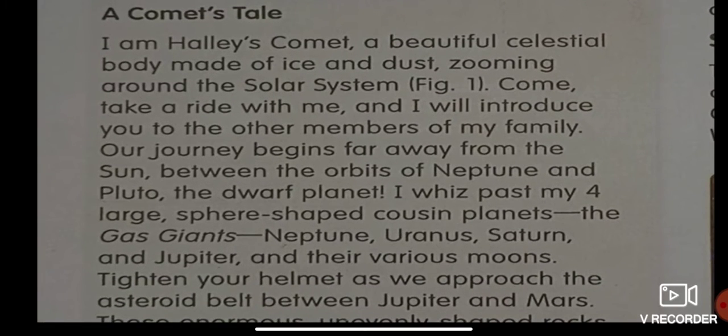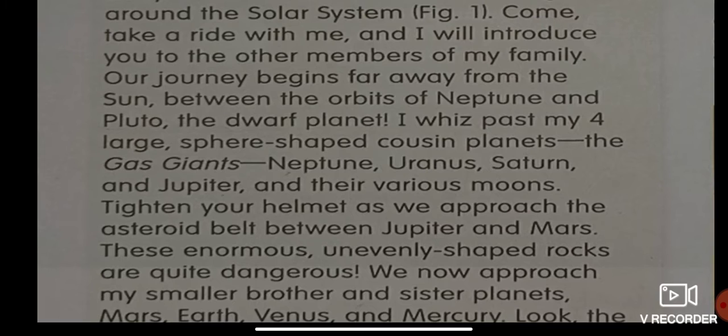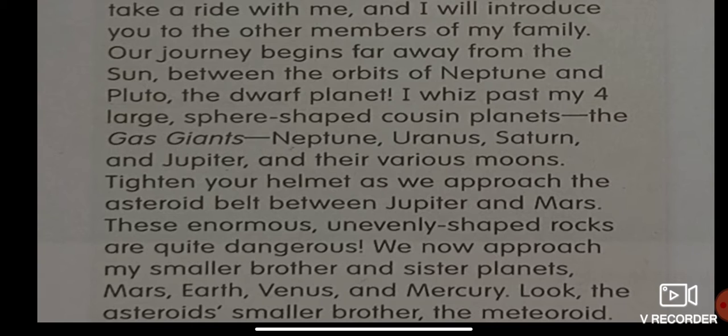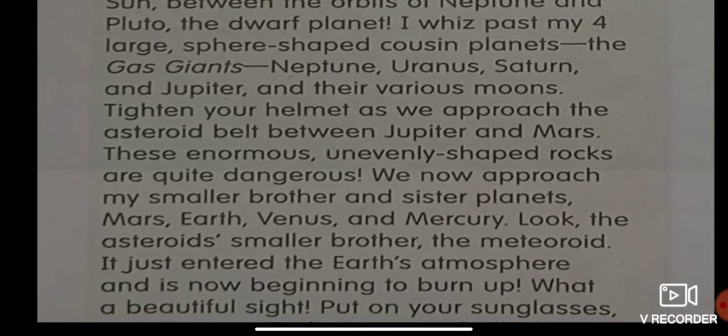Our journey begins far away from the sun, between the orbits of Neptune and Pluto, the dwarf planet. I whiz past my 4 large sphere-shaped cousin planets, the gas giants Neptune, Uranus, Saturn, and Jupiter, and their various moons. Tighten your helmet as we approach the asteroid belt between Jupiter and Mars. These enormous, unevenly shaped rocks are quite dangerous.